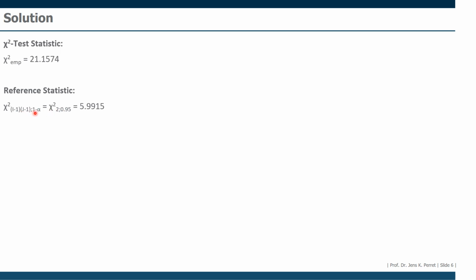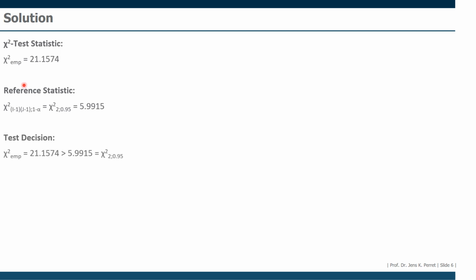And then I have 1 minus alpha. Alpha is the margin of error, here 5%. So I get 1 minus 0.05, giving me 0.95. Meaning, in the table for the chi-squared distribution, I'm going to look up the value chi-squared at 0.95. There I'm finding the value 4.9915. So that's the value I'm going to compare the test statistic with.